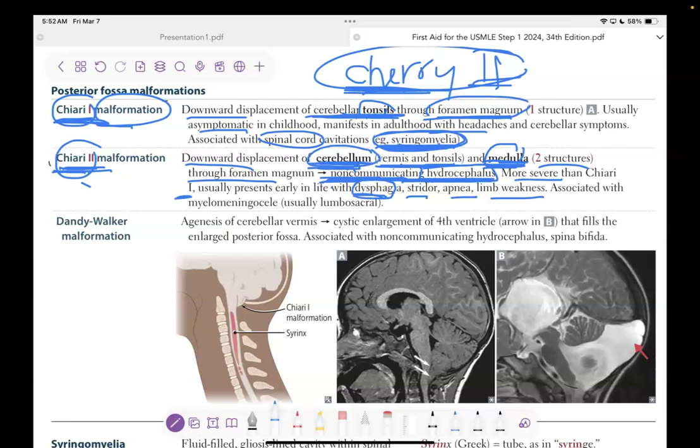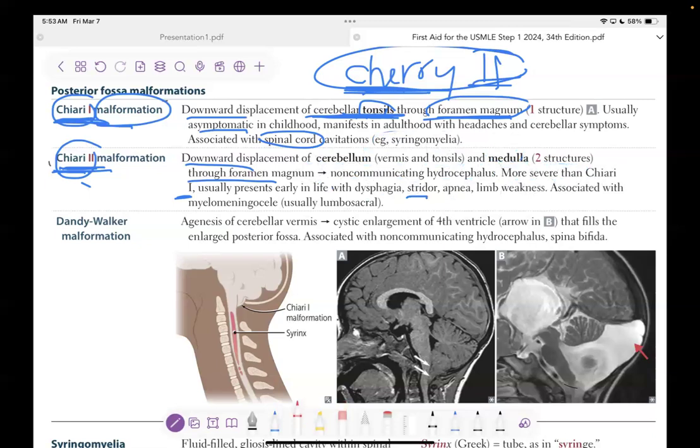We already know. Whenever somebody asks which signs and symptoms you see in Chiari-2 malformation, you should first remember that it is the displacement of cerebellum. Whenever cerebellum is displaced, the function of cerebellum is balance. The patient will have a problem in balance or walking. And whenever we say displacement of medulla, we know that lots of cranial nerves are coming out from medulla.